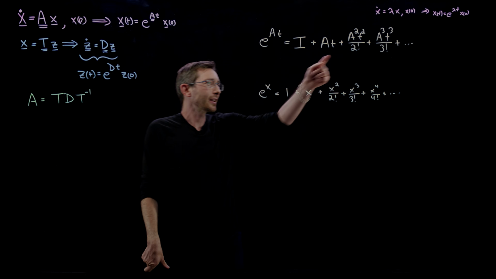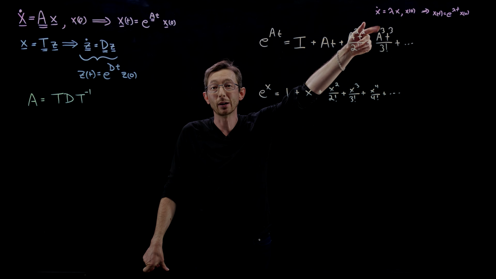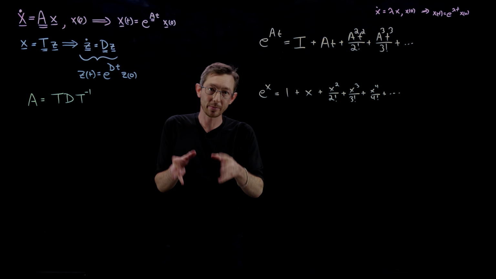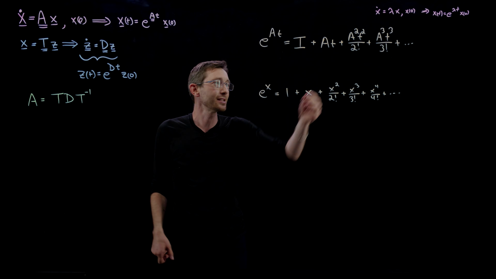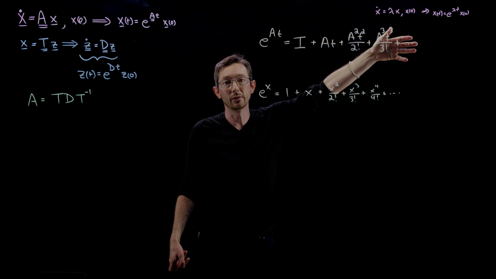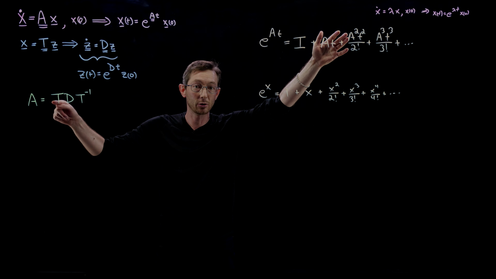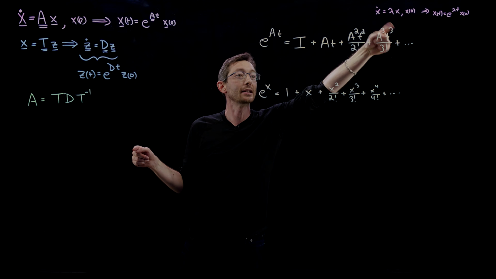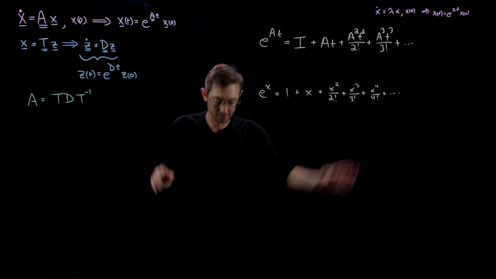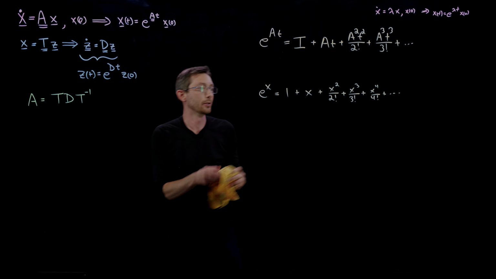Now, computing these matrix powers is going to get pretty tedious pretty fast. Matrix multiplication is not cheap for big matrices, so I don't want to actually compute all of these matrix powers. I'm going to use T and D and special properties of those to make it really, really easy to compute these things. That's what I'm going to show you now.